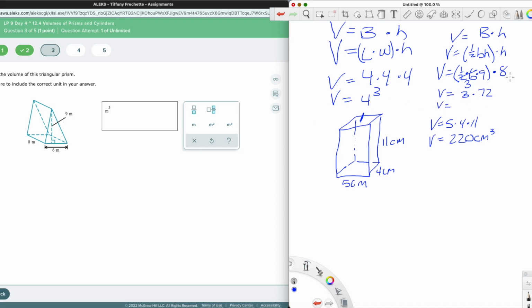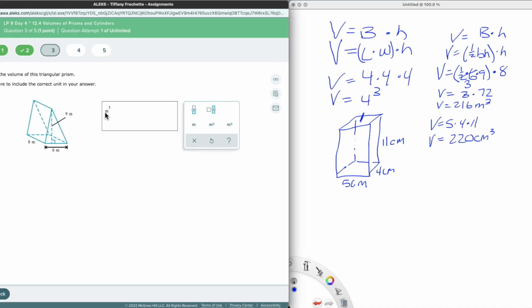So I'm trying to group them a little nicer if I can. So this is 72 times 3, which gives me 216 meters cubed.